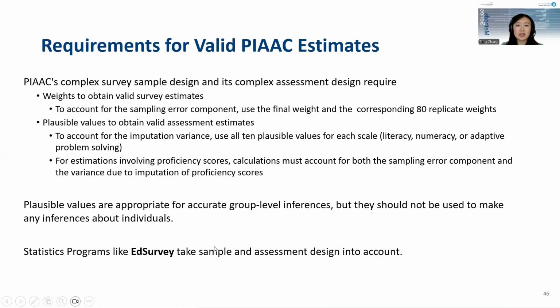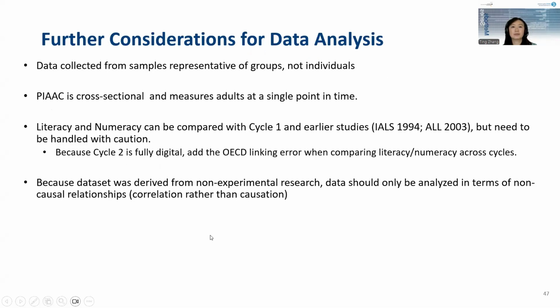So in the next session, Paul and I are going to show you how to use the survey package and how it takes the sampling error and the measurement error into consideration in the analysis. Here are some further considerations you can read. Now let's move to the survey session.